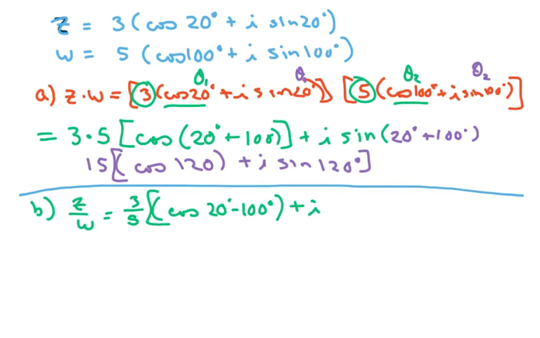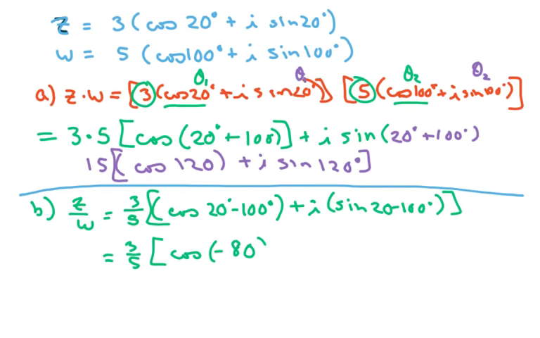Plus I times sine of 20 minus 100. Okay? And then what you get is 3/5 of cosine of negative 80 plus I sine of negative 80.